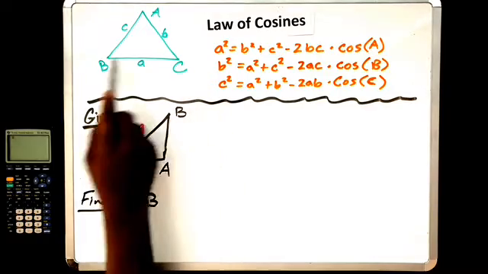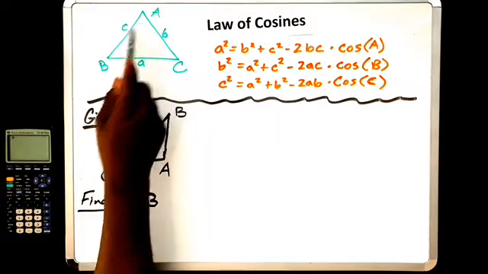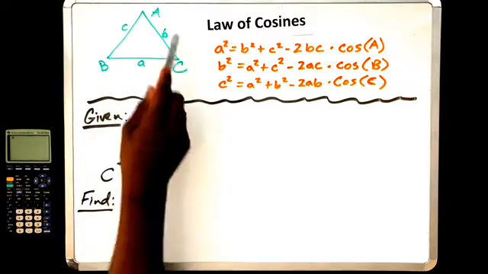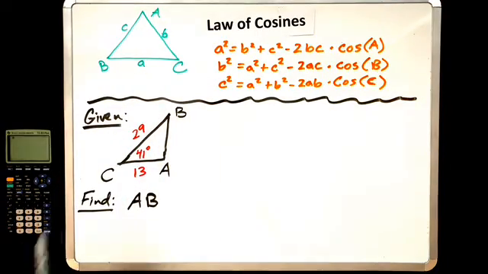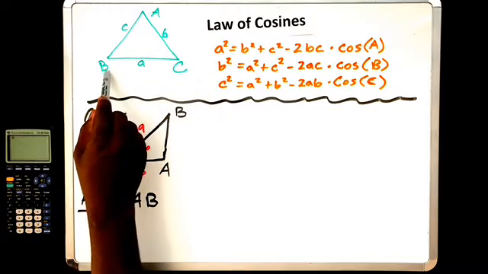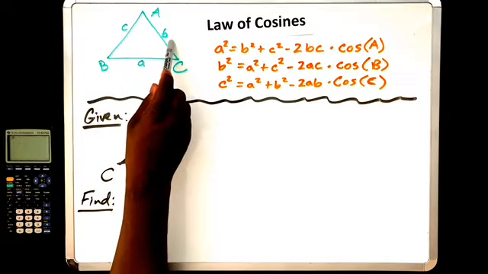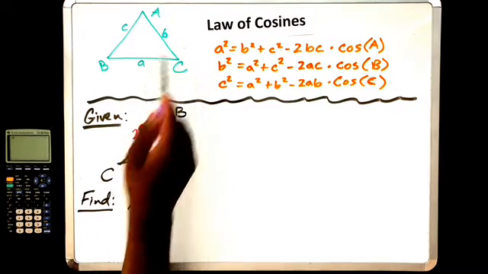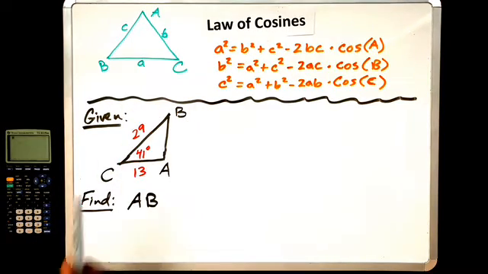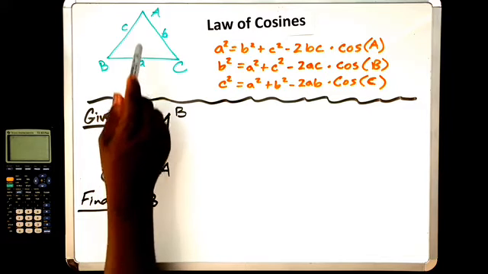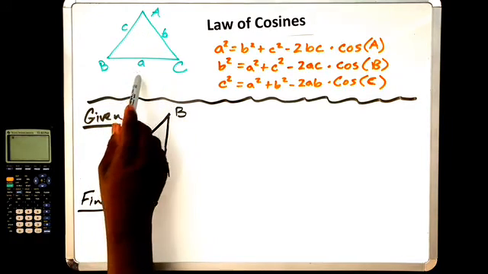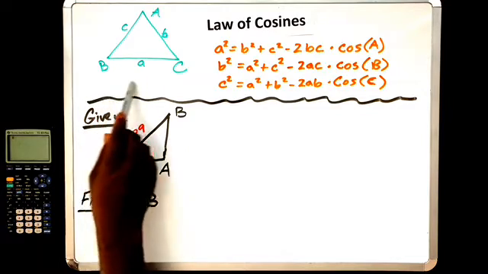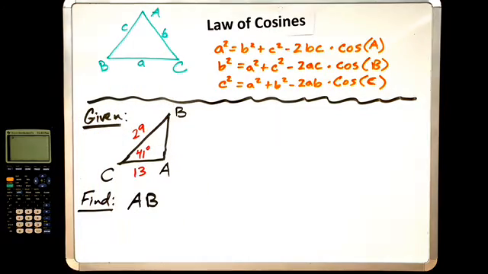So here we have angle A, this is angle B, and this is angle C. They are labeled with capital letters. The side that is opposite angle B is lowercase b, also equal to side AC. The side length opposite angle A, capital A, is represented as lowercase a, which is also equal to side length BC.